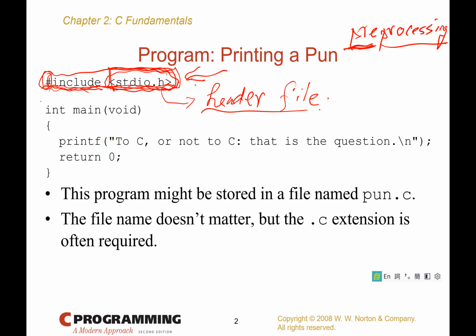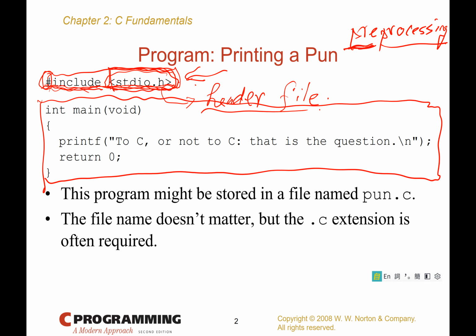Now, the following is a function, and this function is special. Why is it special? Because every program should have one of this function, and its name should always be main.